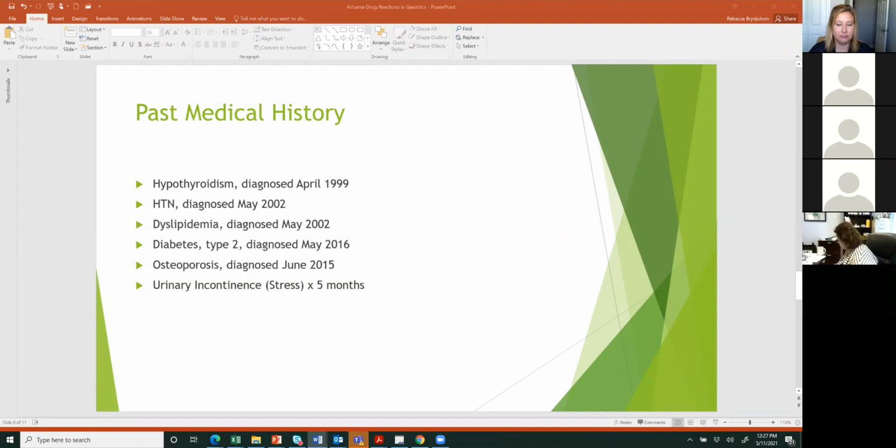Is it always necessary for older individuals to have an A1C less than 6.5%? I'll ask that as a question first. Maybe I can get a few people to chime in. No, I see usually comfortable around 8. No. Is it reasonable for an A1C to be less than 7%?